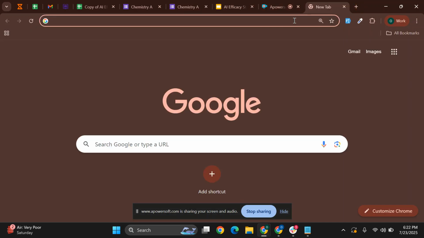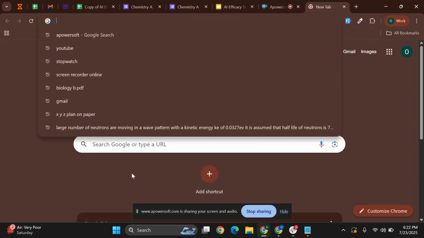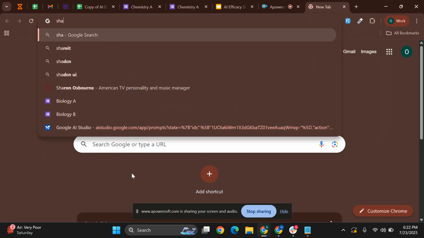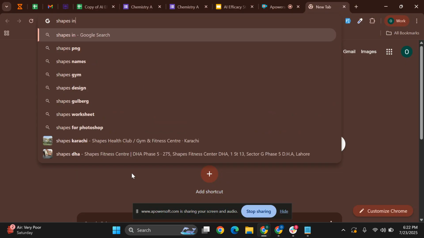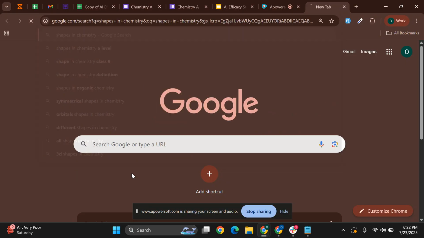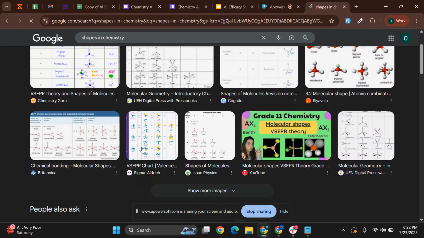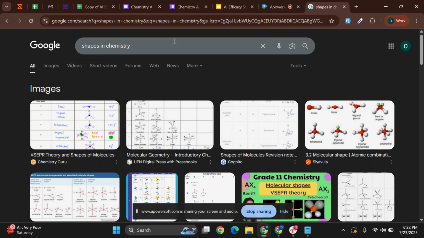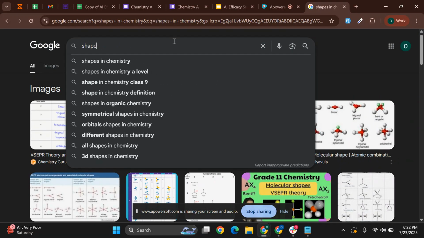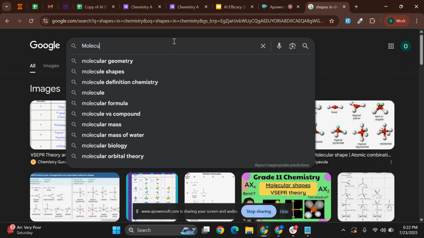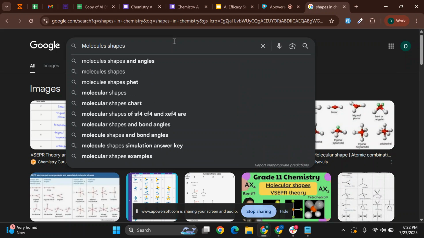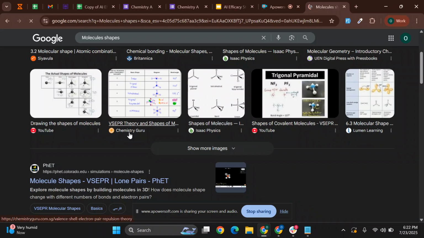Let's ask a question about shapes in chemistry, something like this. Molecules shapes.